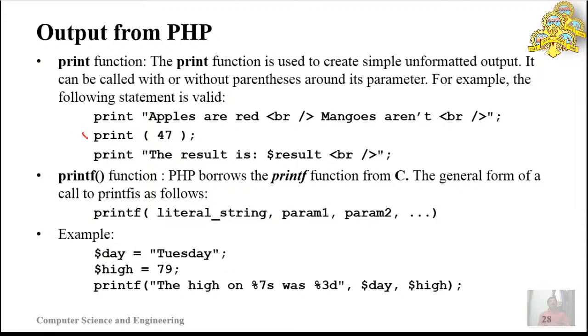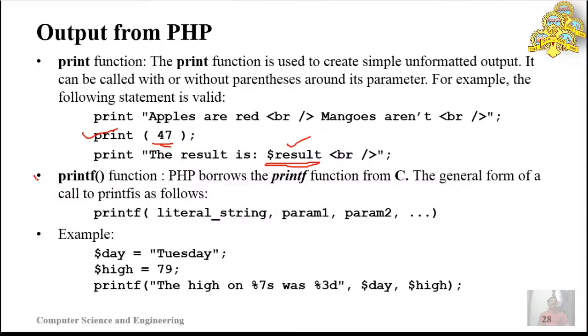We can also print hard-coded values like this, that is print within brackets, 47. And if the string contains some embedded variable names, they are also processed. That means the result is in place of $result, if it contains any value, that value will be displayed.